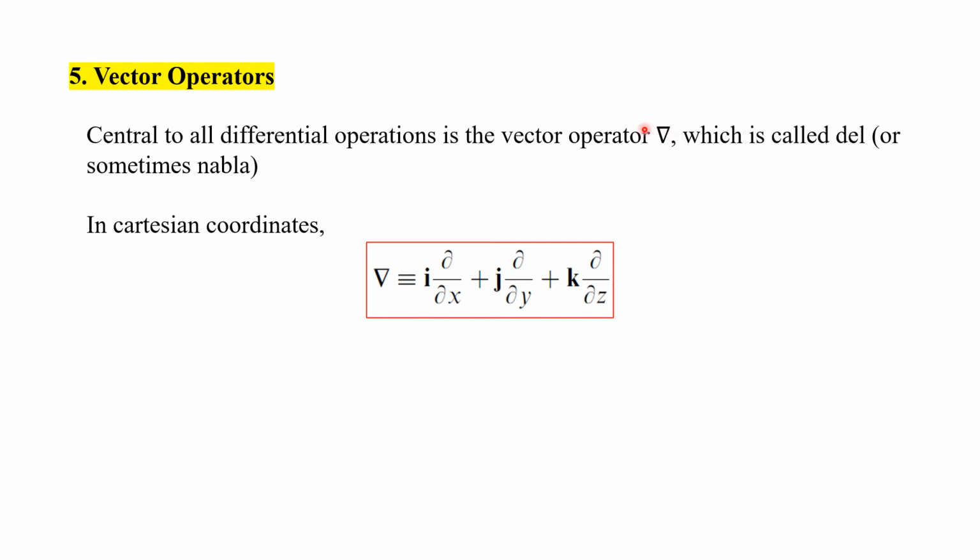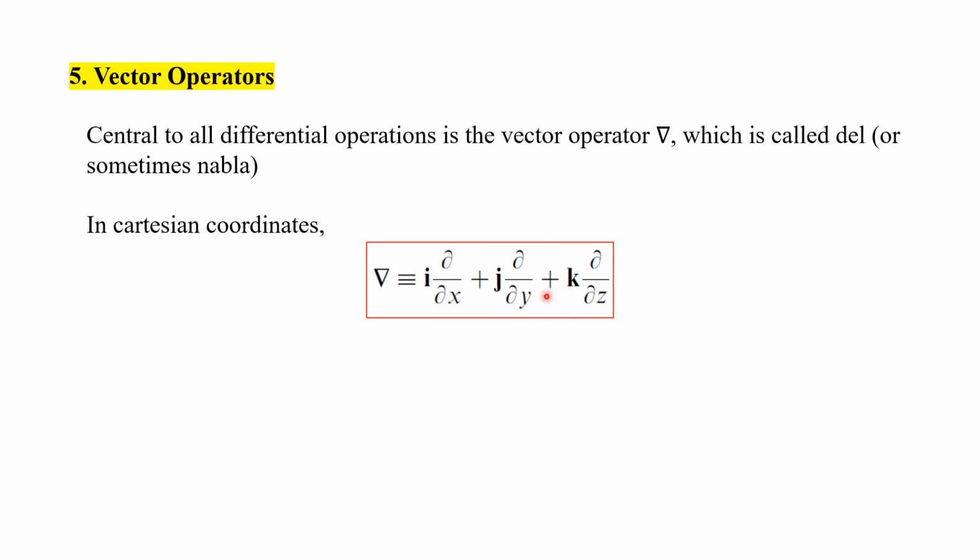You have here your inverted triangle, which is called the del, or sometimes the nabla. In Cartesian coordinates, your del is given by i hat partial over partial x, plus j partial over partial y, plus k partial over partial z.